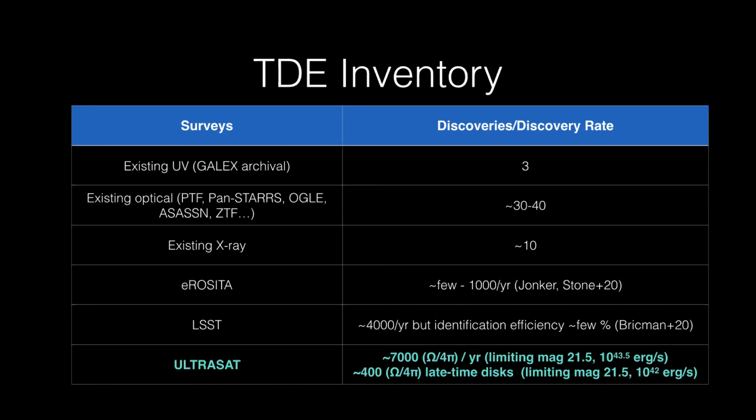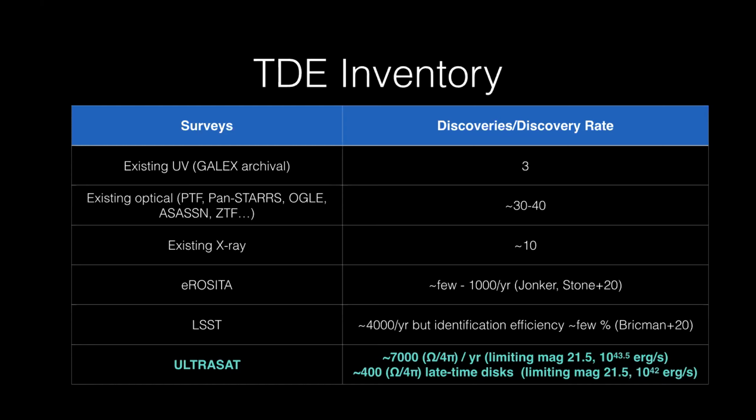But because soft X-ray emission is on the Wien tail of the spectrum from the inner disk, the number of TDEs detected by eROSITA depends crucially on the unknown spin distribution of black holes in the universe. So eROSITA could find a few per year under very pessimistic assumptions, or thousands per year under optimistic assumptions about black hole spins.